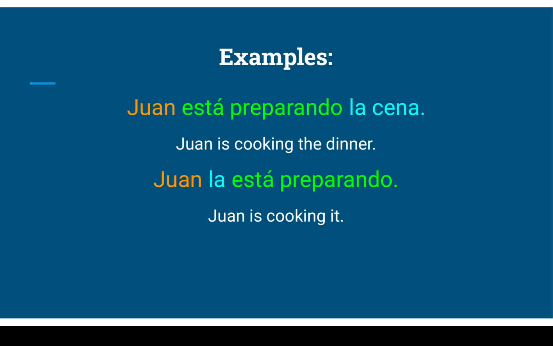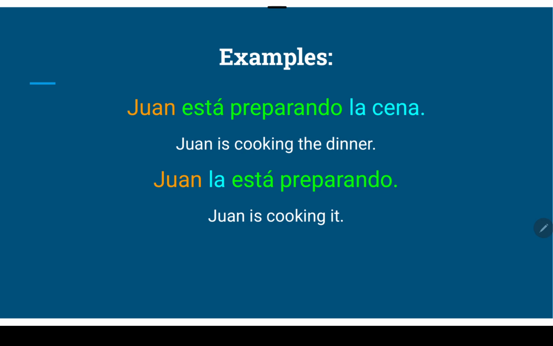Now, as you can see, la cena is the object, the direct object, because it's a thing. So now we are going to replace it with a pronoun, but in this case we have to put it before the verb. In this case we say Juan la está preparando. Juan is cooking it. As you can see, la, you have to put it before. Just pay attention to the colors.